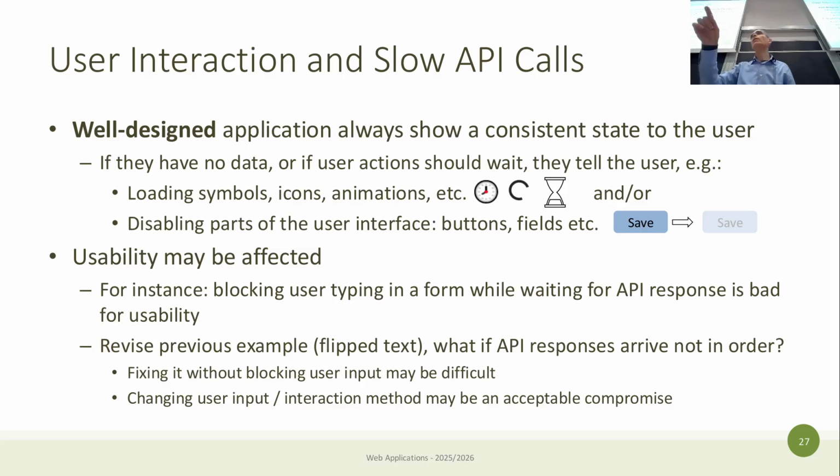It's like when you pay: the cart is full of items, you're ready to pay, you go to the page where you put your payment information, and there's a button, pay. Somebody says, just wait, don't leave the page, don't press it twice. Well, it's so easy: you disable the button, right? If you don't want the user to press it twice, disable the button.